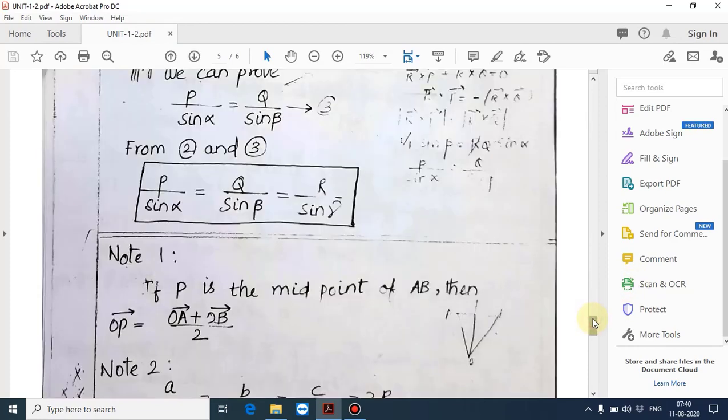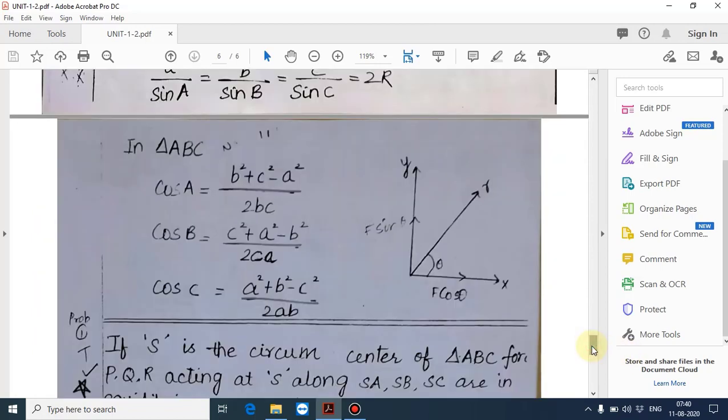Note 1: if P is the midpoint of AB, then OP is equal to OA plus OB divided by 2. You see the diagram. Next, note 2: A by sin A is equal to B by sin B is equal to C by sin C is equal to 2R.